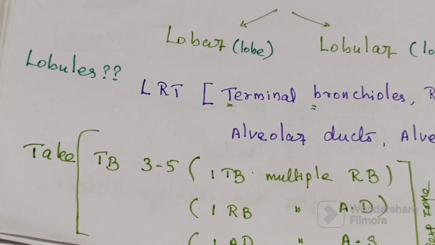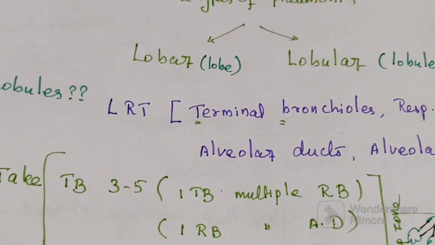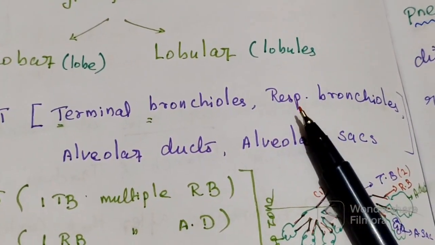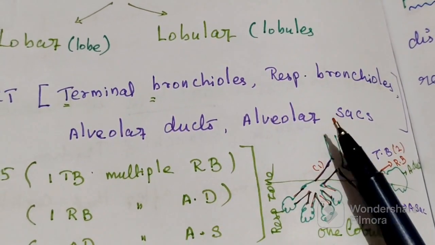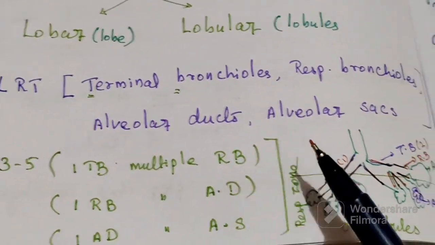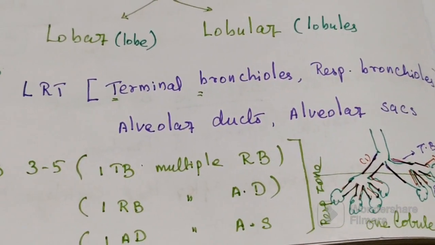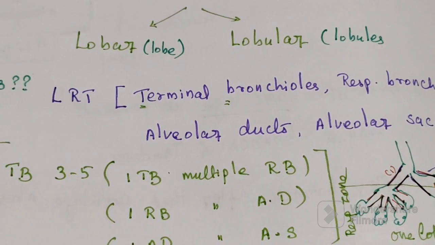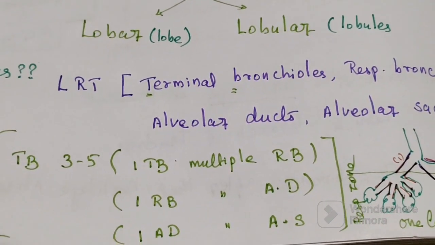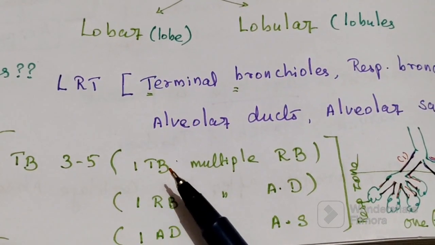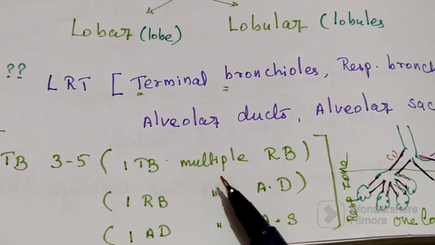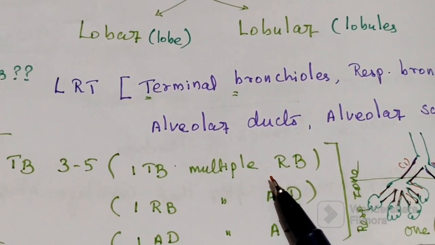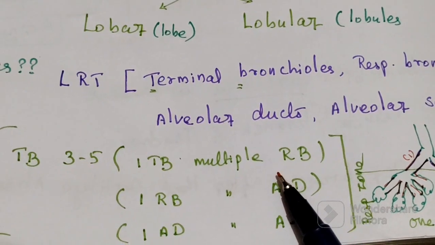So how do we define lobules? Lower respiratory tract, terminal bronchioles, respiratory bronchioles, alveolar duct and alveolar sac. There are 3 to 5 terminal bronchioles. One terminal bronchiole has multiple respiratory bronchioles.